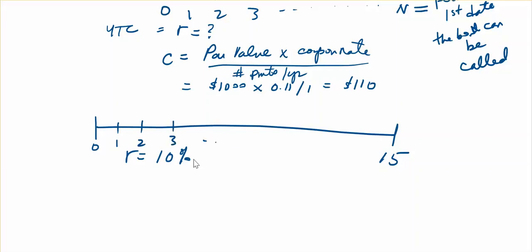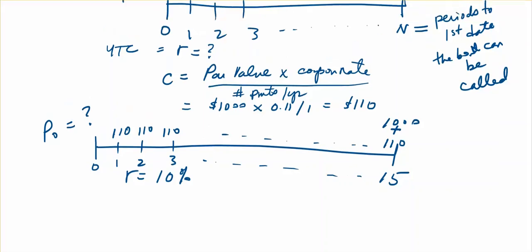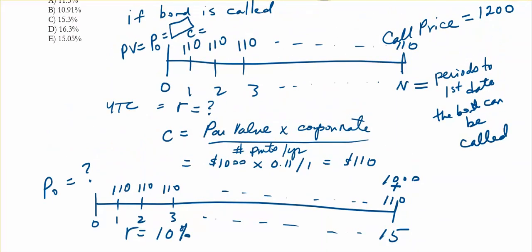The bond, if held to maturity, would make the $110 coupons, and if held to maturity, the investor would get the par value, not the call price. Right now we can find what the price would be, and then we can plug that into the calculator in this step here.